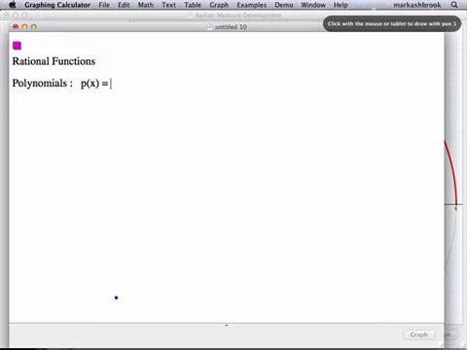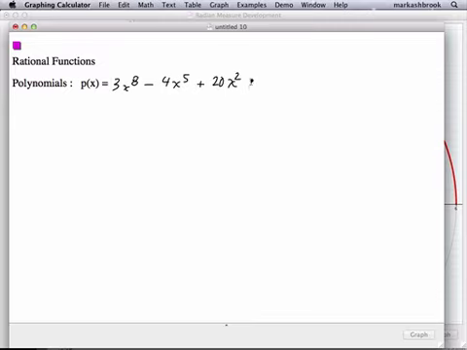I'll just write it out. Three x to the 8th minus 4x to the 5th plus 20x squared plus x minus 2. Okay, so there's an example of a polynomial function.